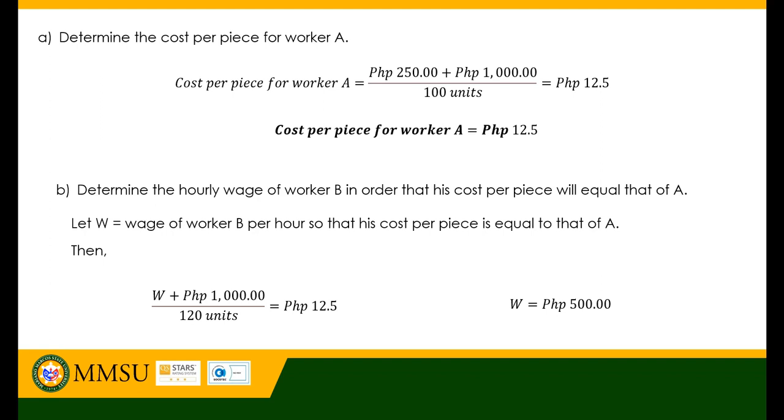Alin ang mas maganda? Si worker A na may sweldo na 250 pesos per hour, nakaka-produce siya ng 100 units, or si worker B, na merong 500 pesos sweldo sa isang oras, nakaka-produce siya ng 120.